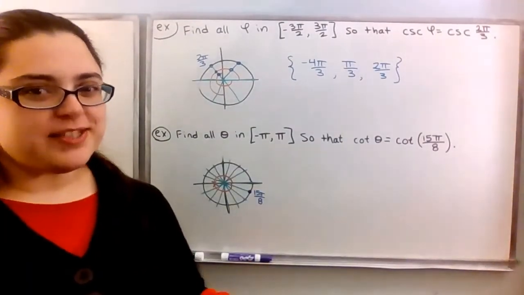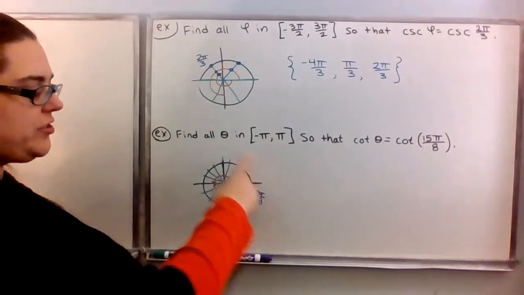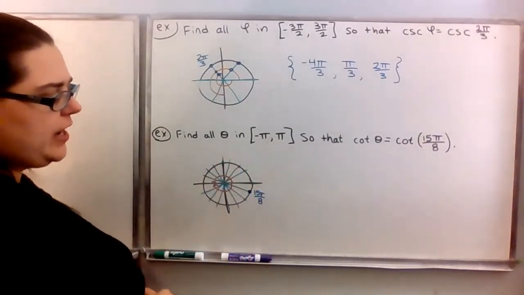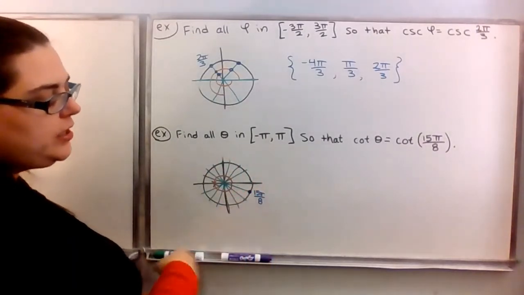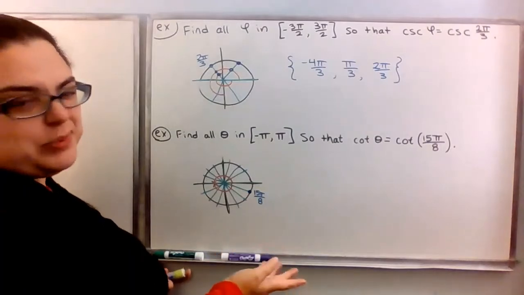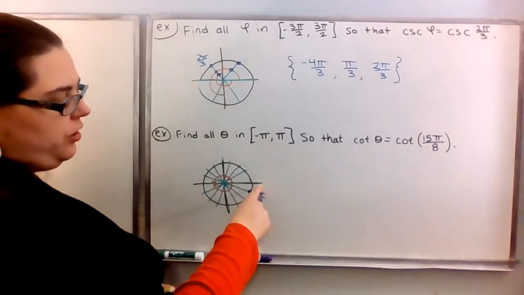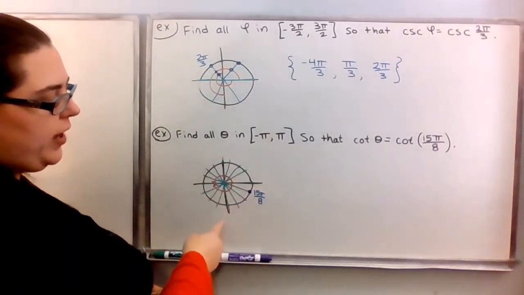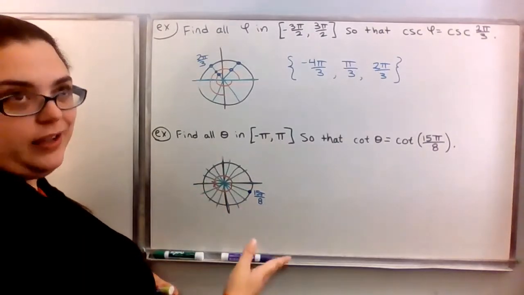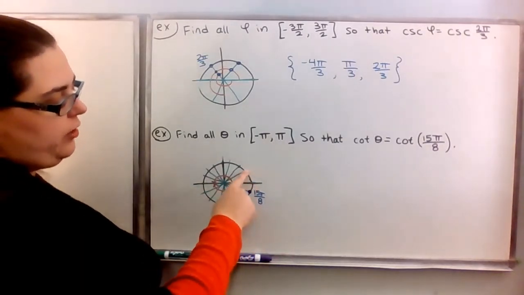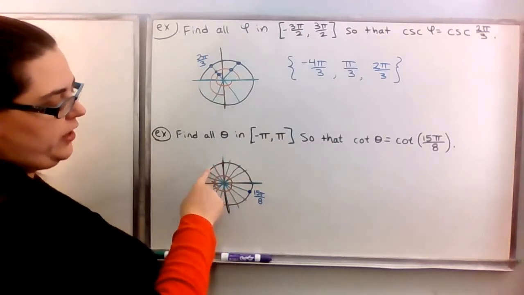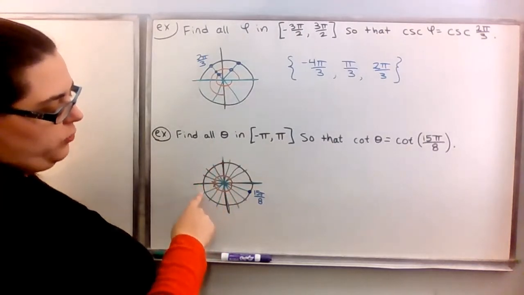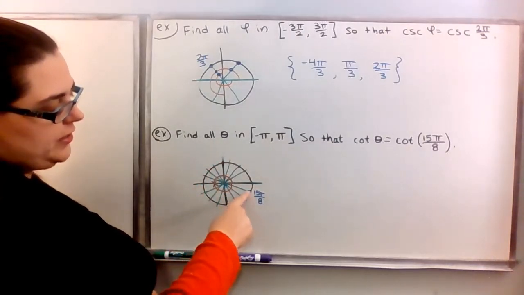Alrighty, so let's see how we did. This is my unit circle here, and I cut it up into 8 pieces. So this time, well, really 16 pieces. This time, both the X and the Y axis ended up being eighths. So if I'm counting, I've got 1, 2, 3, 4, 5, 6, 7, 8.